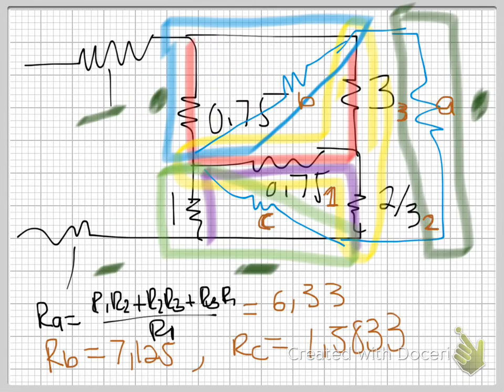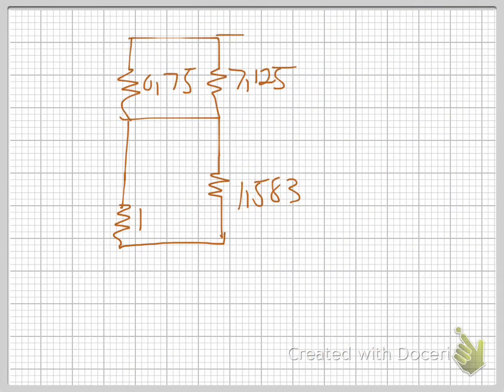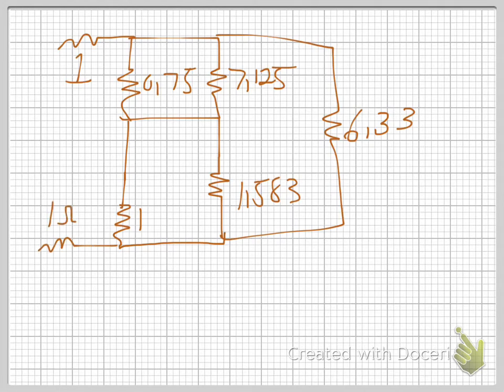Okay, R3 is in between those. RA of 6.33 is between here. Then you got a 1 ohm there, and a 1 ohm there.